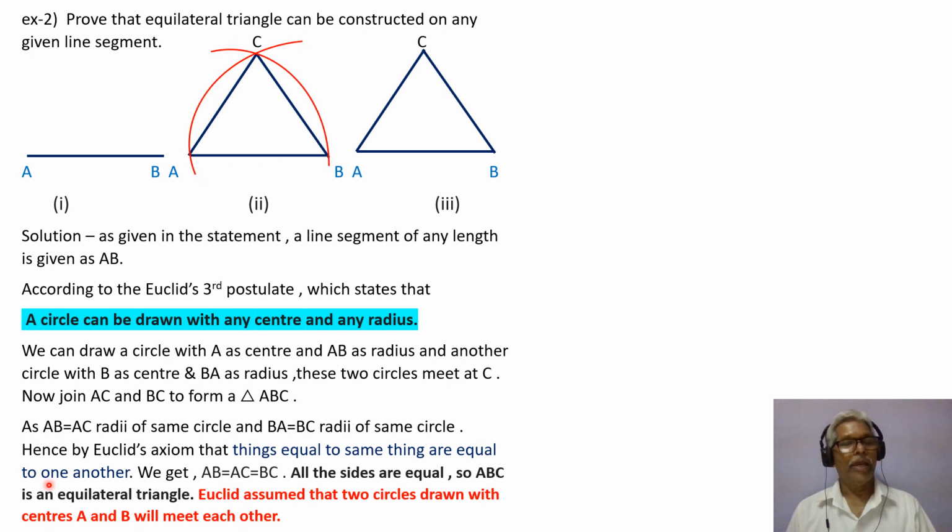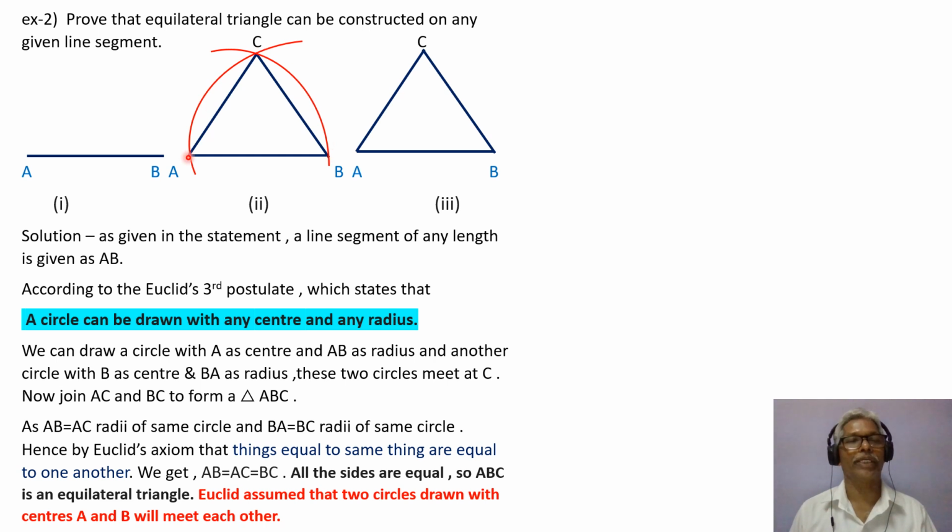Hence, by Euclid's axiom that things which are equal to the same thing are equal to one another, AB is equal to AC, and again AB is equal to BC. That means AC is equal to BC.